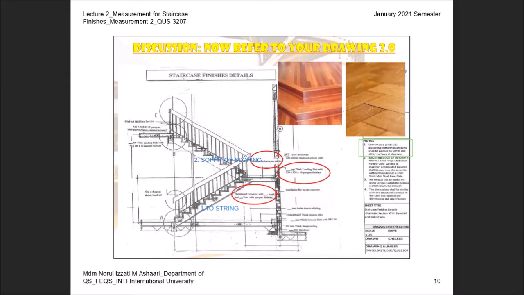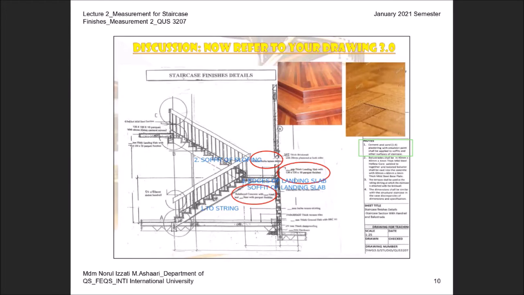Okay, and then here you can see they are soffit of sloping staircase, string, and then here also you have soffit of landing slab. Okay, what else did we not measure? The question is whether you need to measure sides and soffit of landing beam or not.